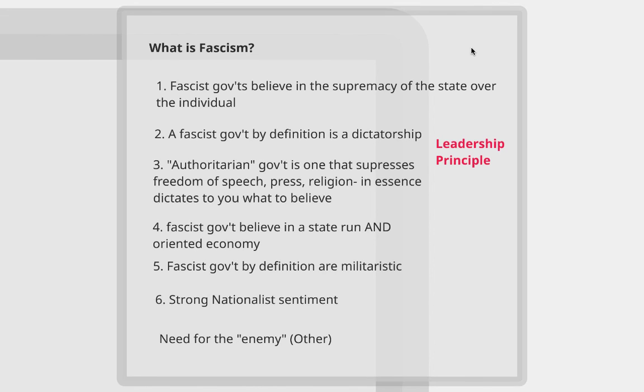And the press, this is another thing as well. The press becomes an enemy of the state when they start to print stories that are negative about the president, or the dictator, or the Führer.